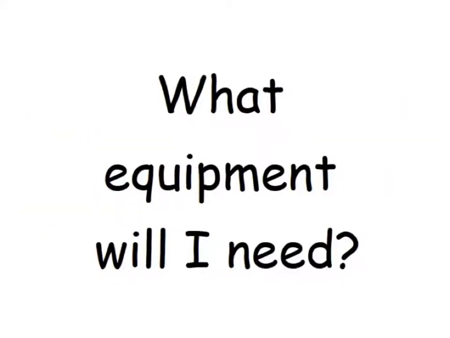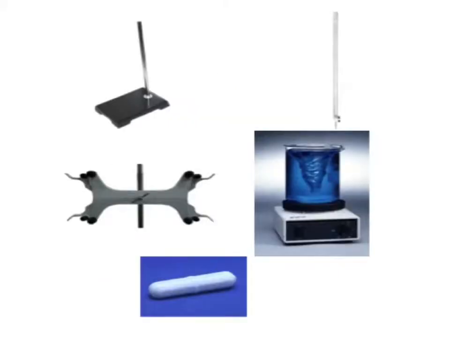So before we start this, what equipment is going to be needed? Some of this equipment you've seen before, some of it you haven't. So what we're going to have is a ring stand, which is this thing right here. And attached to this ring stand is a burette clamp, which is a clamp that has 2 sides which can hold a burette.